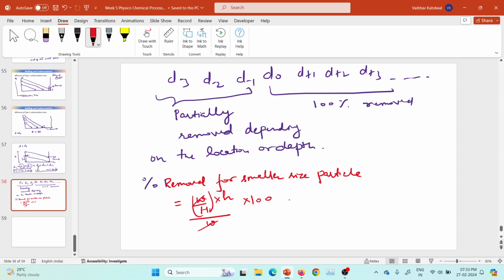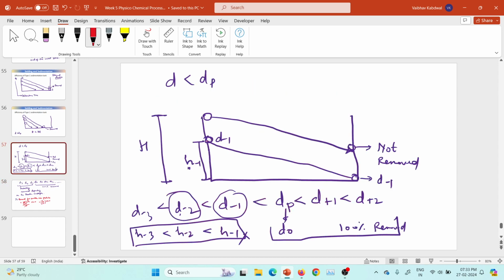W will be cancelled. What we are saying, all the similar particles, if d minus 1 particles are present here, they will also be removed. At below this height, all these particles will be removed like this.